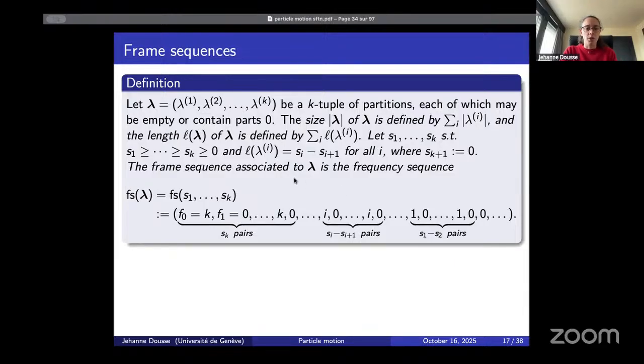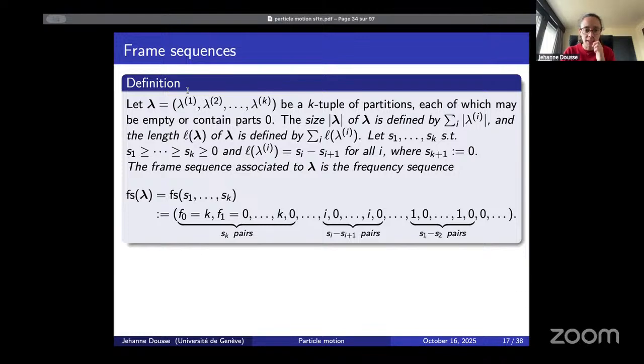Okay, so what we will define on this slide is something that we will call the frame sequence. This will be similar to the minimal partition of Werner, but slightly different, of course, because now we take into account those parts 0. Again, the idea in the end will be to get the sum side of the Andrews-Gordon identities. You remember in the Andrews-Gordon identities, in the denominator, you had a product of q-Pochhammer symbols, which correspond to a k-tuple of partitions.